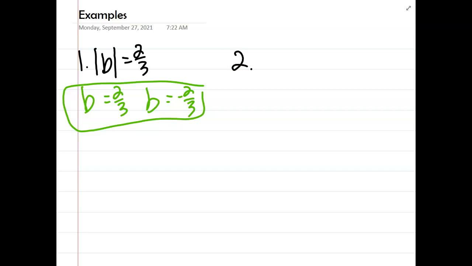Okay, number two. What if I have the absolute value of n plus 2 equals 5? Okay guys, the absolute biggest thing you have to do: the absolute value bars have to be the only thing on that side of the equal sign. Is that true for this one? No. I need this to say the absolute value of n equals. I need that absolute value to be the only thing. So I need to get rid of the plus 2. Well, how do we get rid of a plus 2?